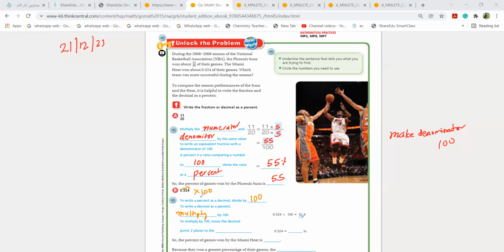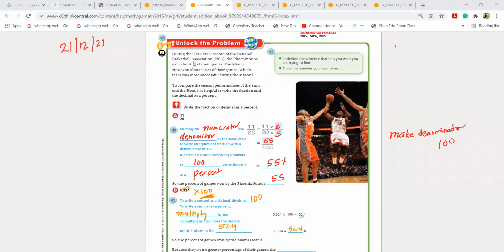To write as a percent, I need to multiply with 100. So it moves 2 places and it becomes 52.4. That is 52.4%.